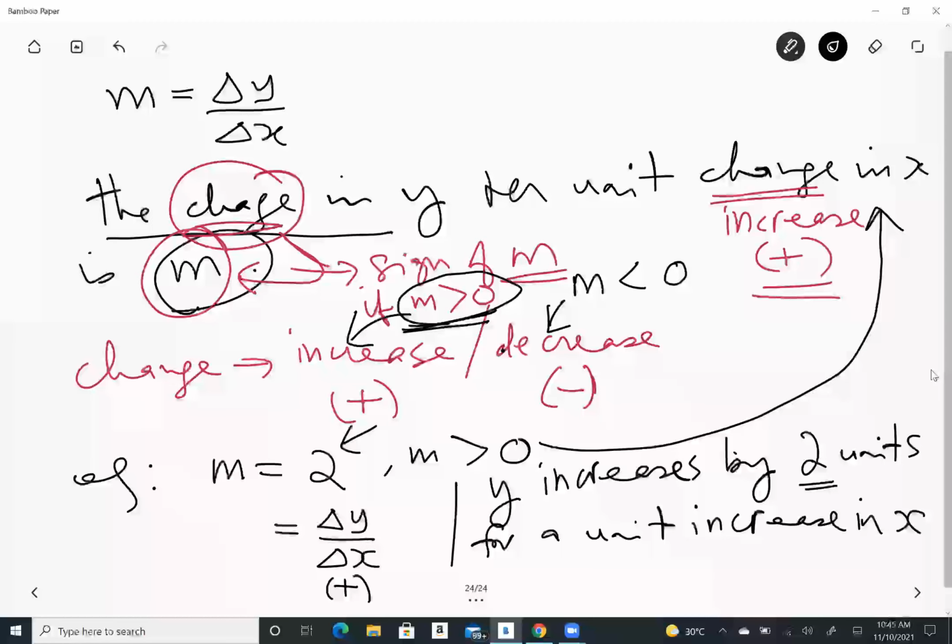So example number 2, M equals -4. Now you have to describe it in terms of delta Y over delta X. We know that X is a unit increase. So what can you say about the change in Y, given that M is -4?